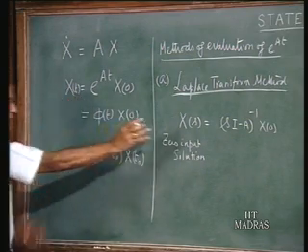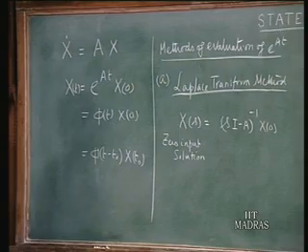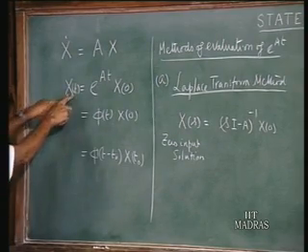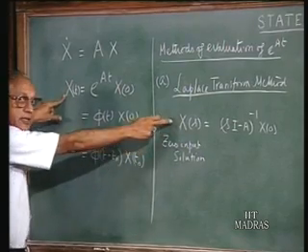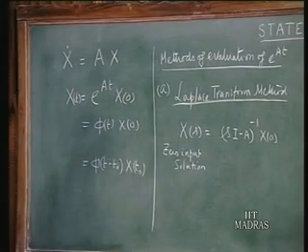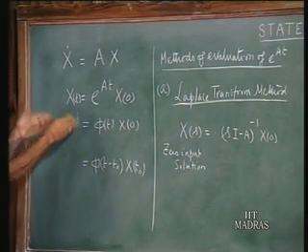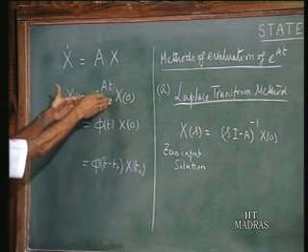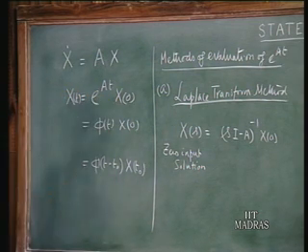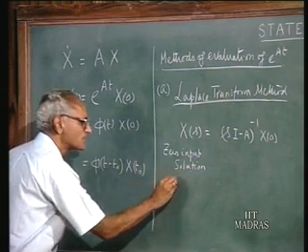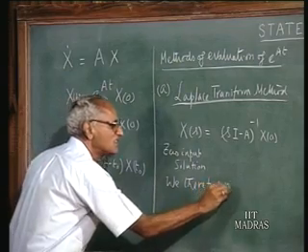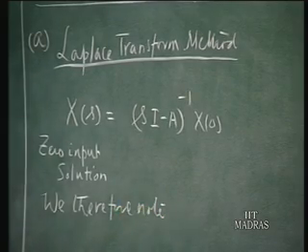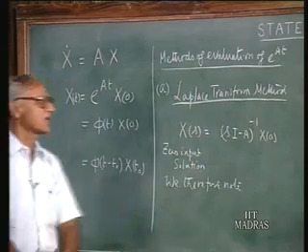So this is the equation in the transform domain. In time domain the equation is x of t is e to the power of at x0. So these two must correspond to each other. Therefore, if you take the Laplace transform of this, x of s is the Laplace transform of this times x of 0, being a constant. Therefore, from these two equations we see that e to the power of at must have Laplace transform si minus a inverse.